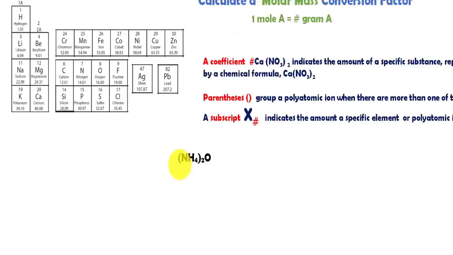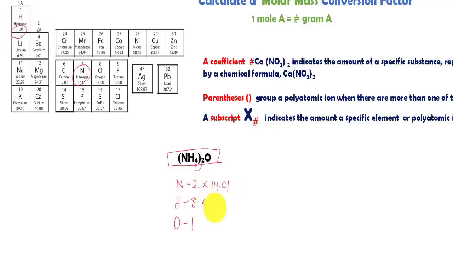Let's try another problem. In this case, we have the chemical formula (NH4)2O. So for nitrogen, since there are 2 of one N, that gives us a total of 2 for nitrogen. For hydrogen, there are 2 of 4 H, so that gives us a total of 8. And for oxygen, it's just 1 because it doesn't have any subscript. And we find the total mass for all the elements. Nitrogen is 14.01 each.